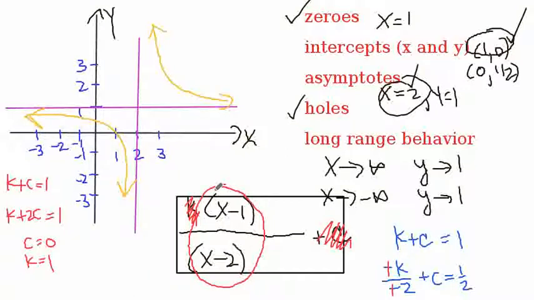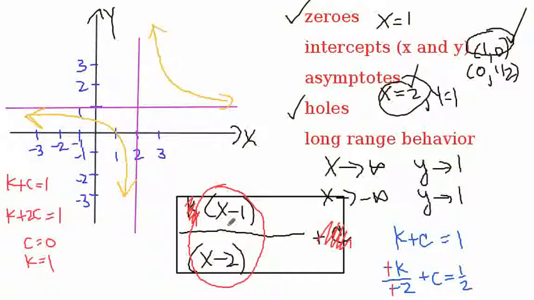Let's see if that works. So looking at it, it's got the correct vertical asymptote, it's got the correct long-range behavior, the zeros. All right, now let's see if the signs are in the right place. One last check you could do is, for big x, I have to have a positive value.